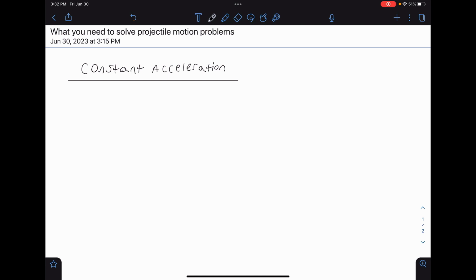First of all, vf, and what do I mean by vf? I mean the final velocity is equal to v0, the initial velocity, plus the acceleration times the time. Now that's number one. Number two, final velocity squared is equal to v0 squared plus 2 times the acceleration times the displacement.